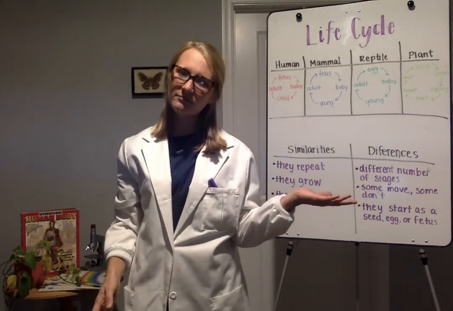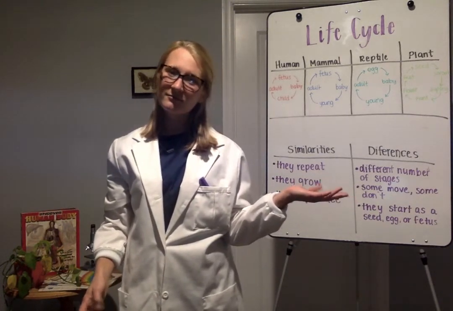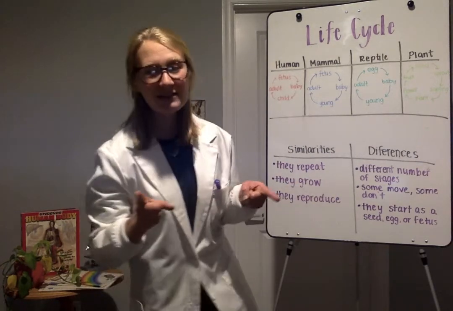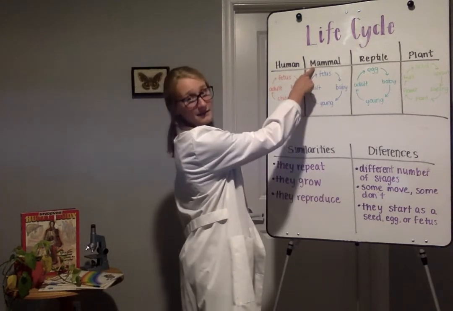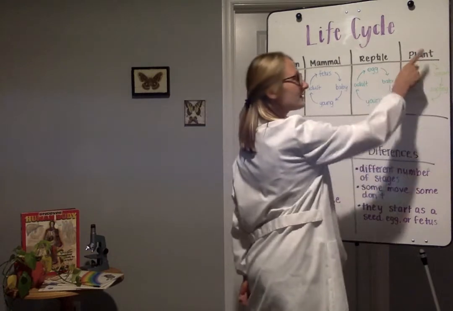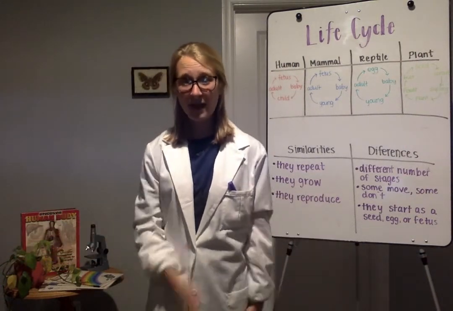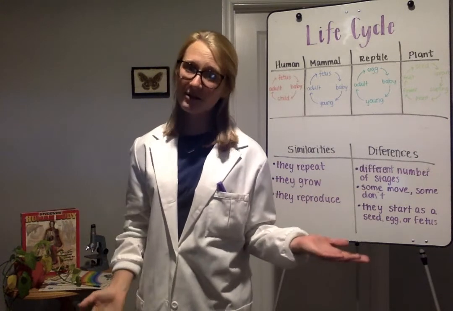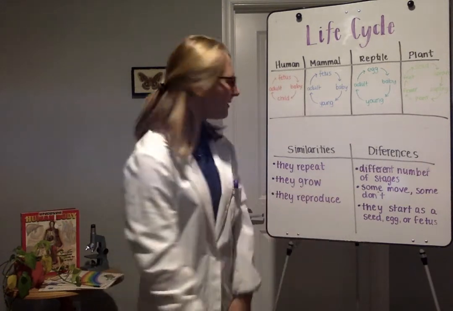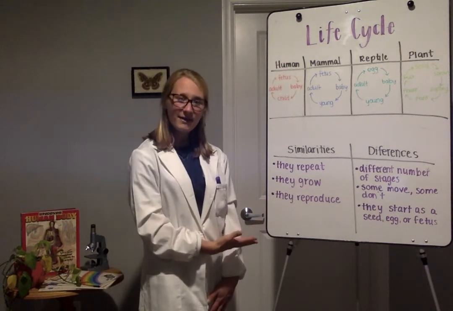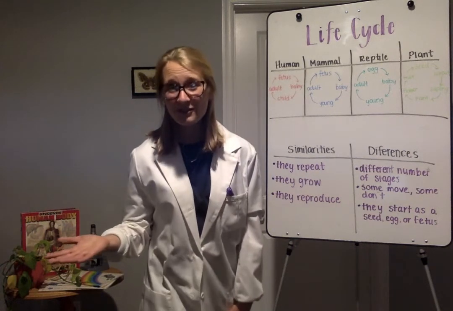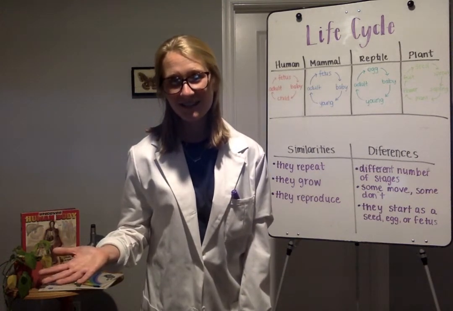How are they different? After you do that, you get to compare a mammal life cycle with a plant life cycle. What do you notice about those 2? How are they similar? How are they different? Maybe you can mention some of the things that we talked about here. Maybe you'll notice some of your own things.